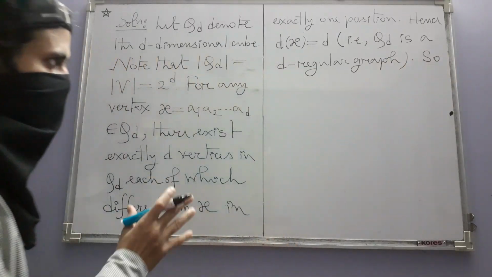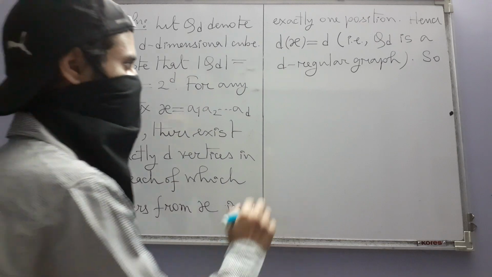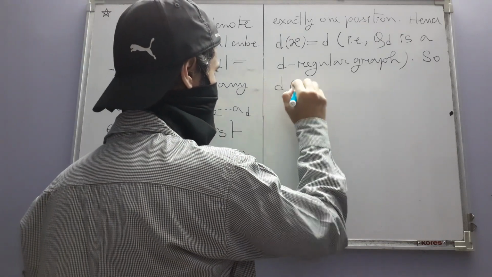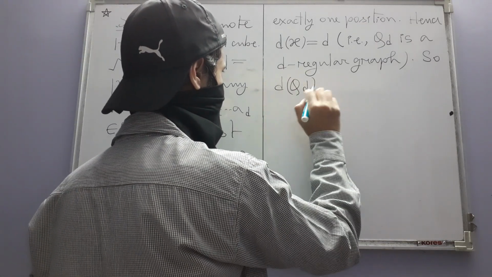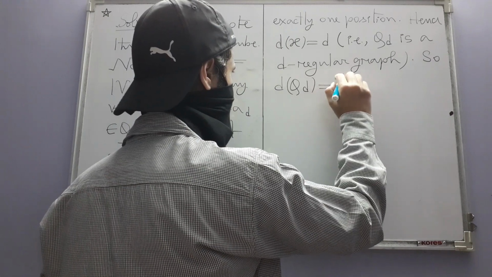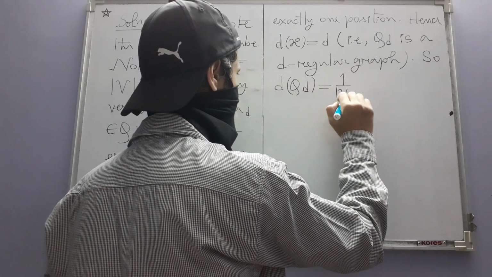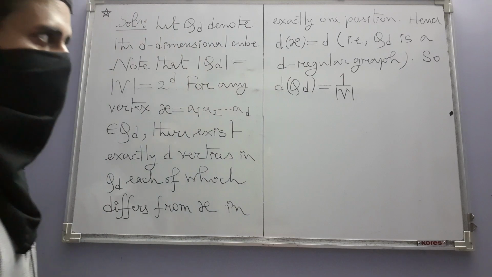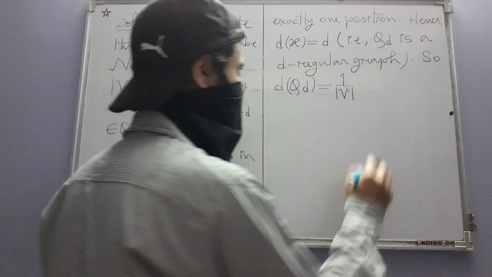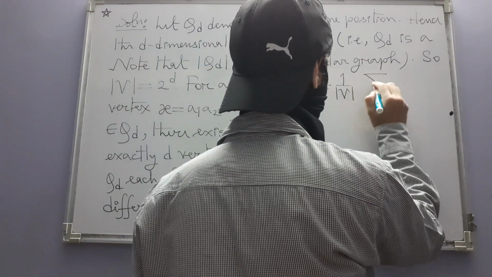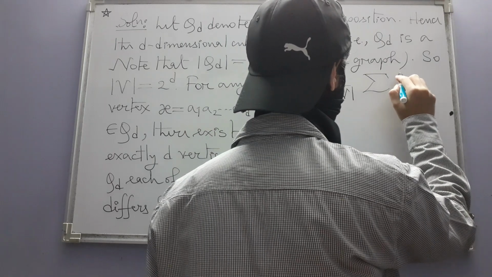So yeah, now it's easy to find the average degree. The average degree of QD will be 1 over the number of vertices times the sum of the degrees.